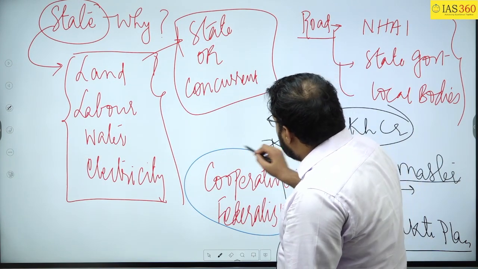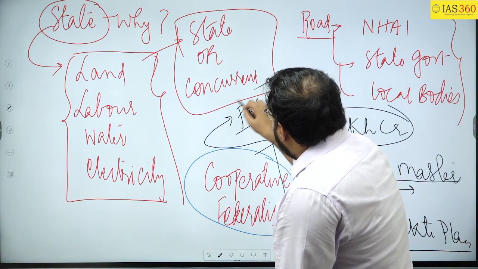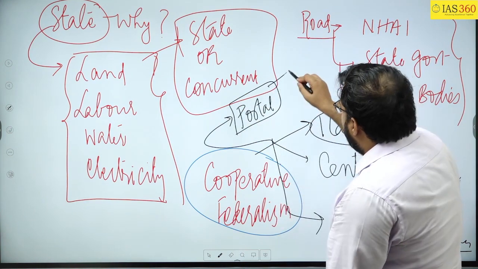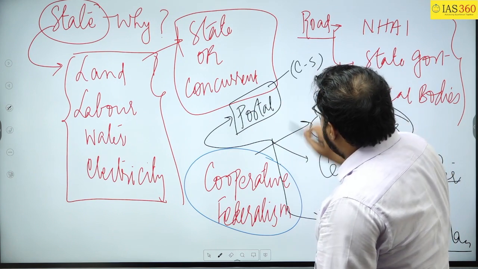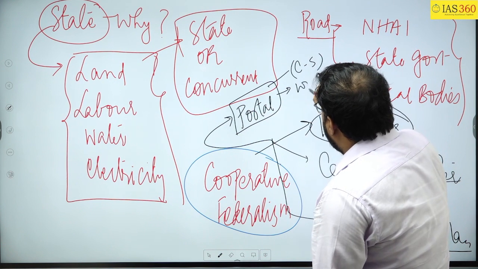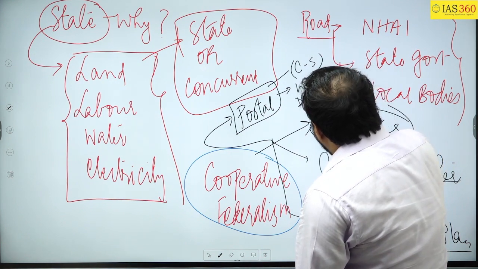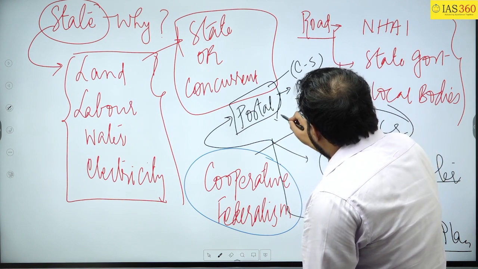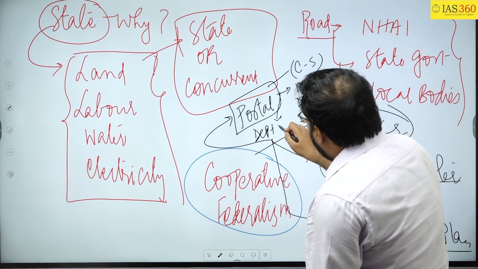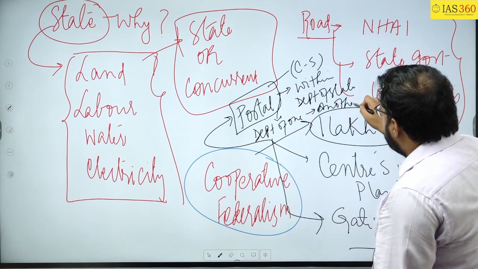Again, the last point is there is a portal, and this portal ensures the coordination between the center and state departments, coordination within the departments of a state, and also coordination between the department of one state with the department of another state.